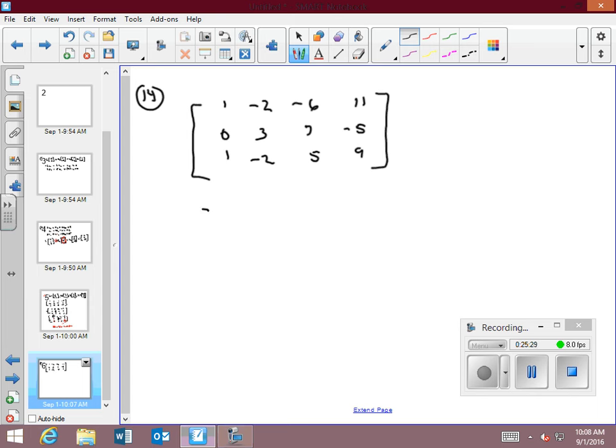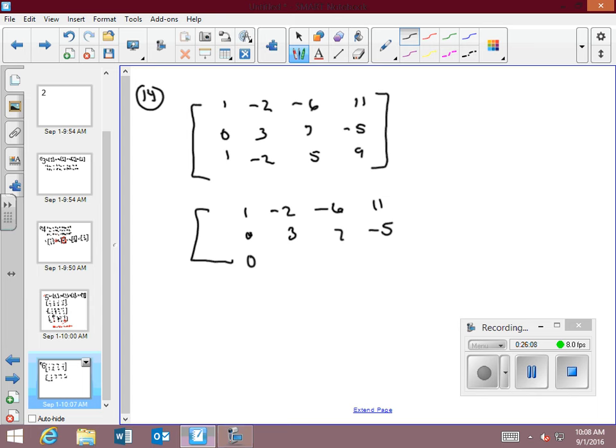So the first and second rows we don't have to worry about, right? Because we have 0 underneath that leading pivot point up there in the first row. Now for the third row, we're going to have to multiply the first row by -1 and then combine it. So that makes this one 0. -1 times -2 is a +2 in the second column.